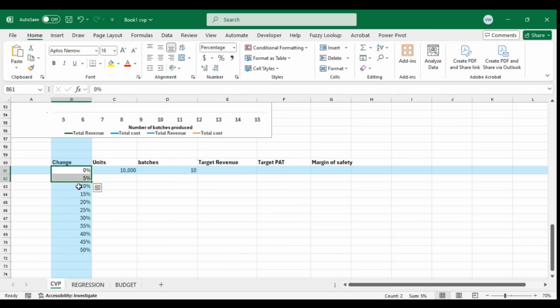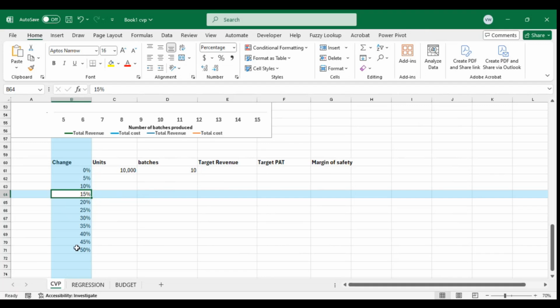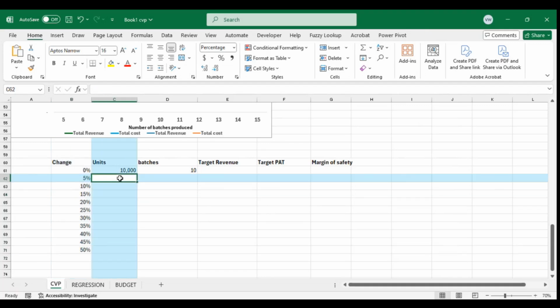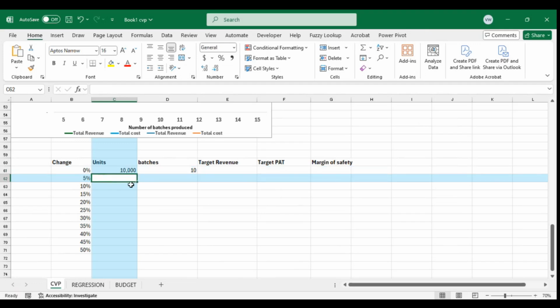If it was to increase by 10%, what is likely to happen? All the way up to by 15%. So we just need to create a function that allows us to run through everything through relative reference. So the current state or the current position at break-even point is that we have 10,000 units.